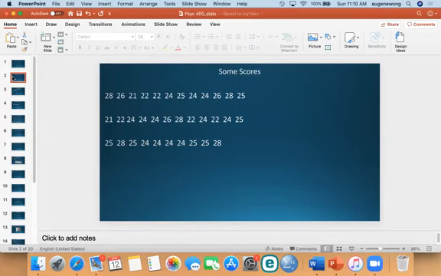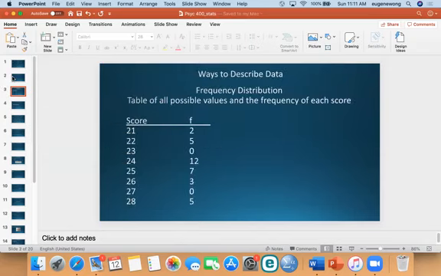So the idea behind the statistics concepts that we'll focus on is how do we take a group of numbers like this and make them easier to understand, more meaningful? Instead of looking at a set of numbers like you see on the PowerPoint here, we could put them into a table.